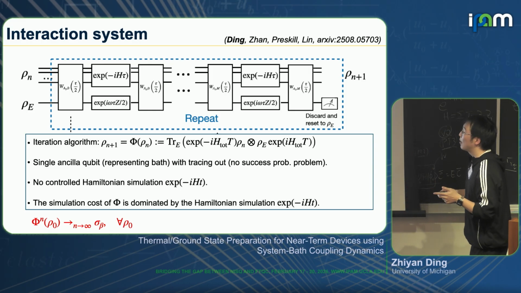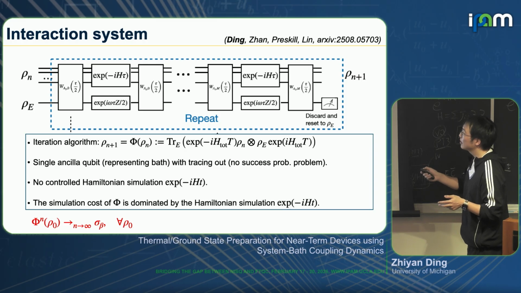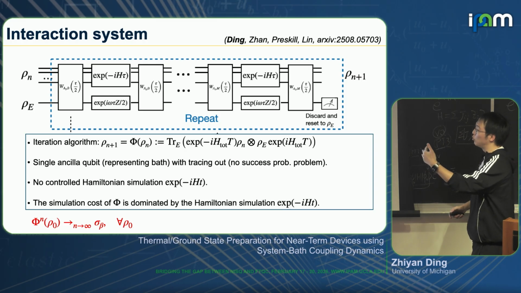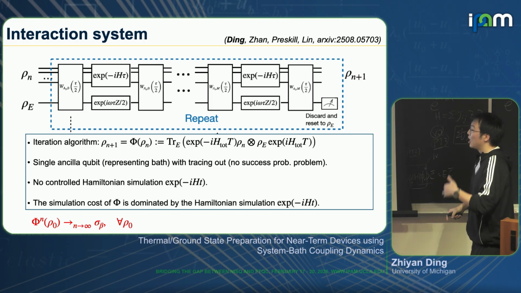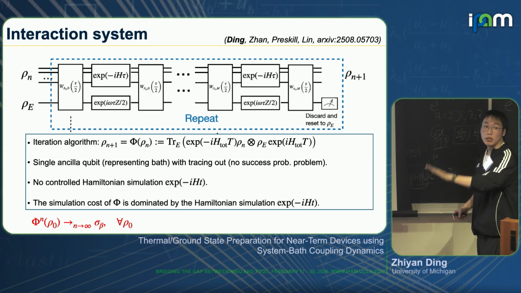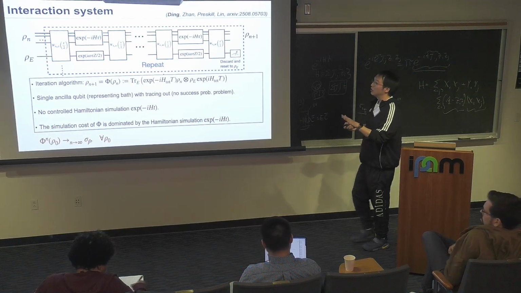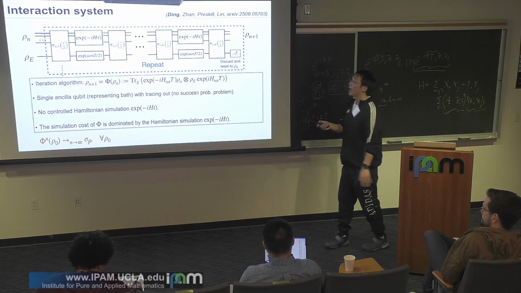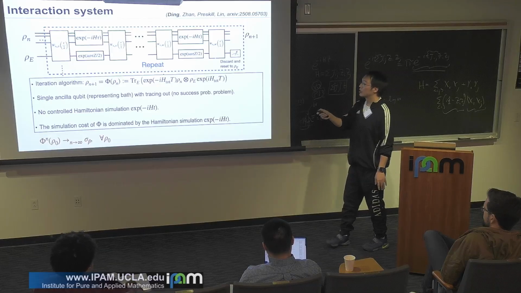Essentially, in each step of my algorithm, I will run this quantum circuit. Then I will do some trace out process to reset my ancilla qubit. And this is a trace out process, meaning that I don't care about the outcome of my measurement, and there is no success probability problem. Essentially, in each step of my algorithm, I only run this Hamiltonian simulation part plus some trace out.